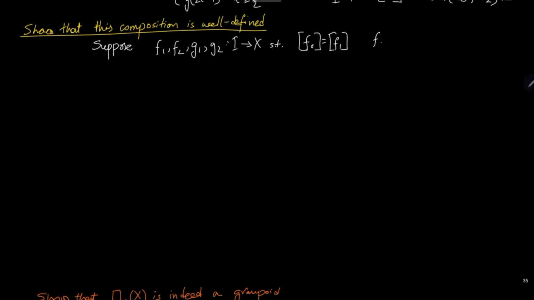That is to say that f1 is homotopic to f2, and g1 is homotopic to g2.